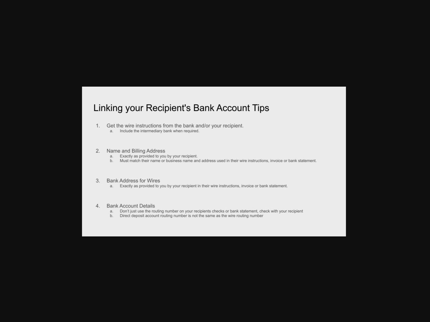Some banks use different routing numbers, including the ones that appear on your statement, and those routing numbers are typically for ACH in the US or direct payment deposit, or they can be just for checks. So wire routing numbers are typically different than those that you see on a statement. So please ask your bank to make sure that you have the right information and to avoid a return wire.